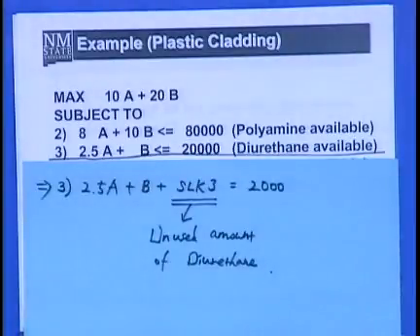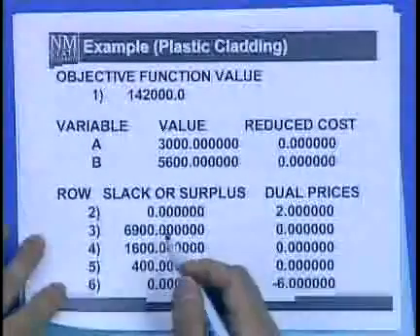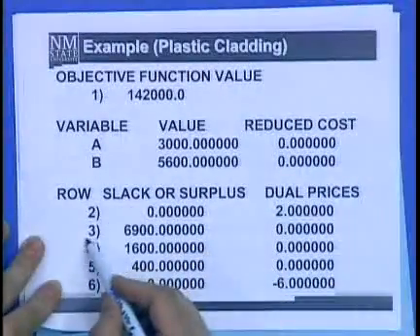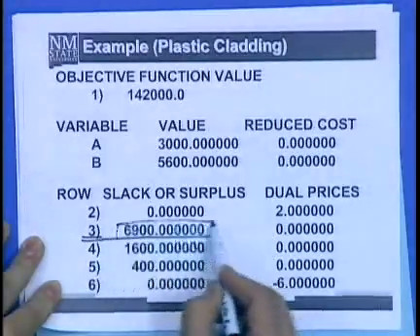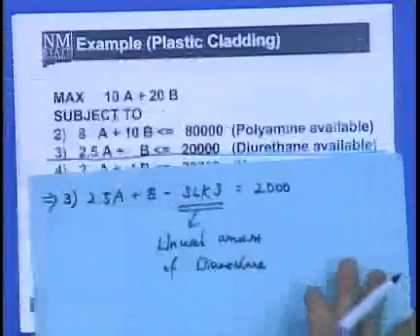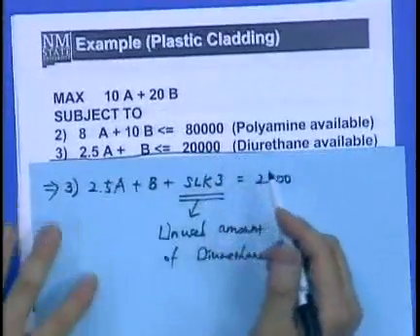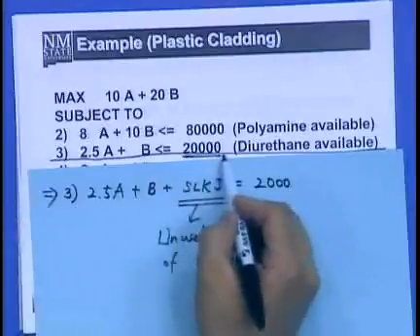And according to the Lindo output, slack variable for row number 3 is 6,900. Okay? And the company has in stock 20,000, right?